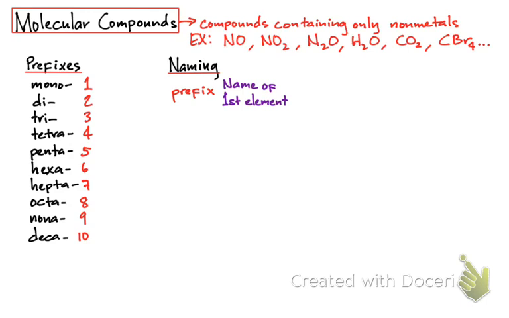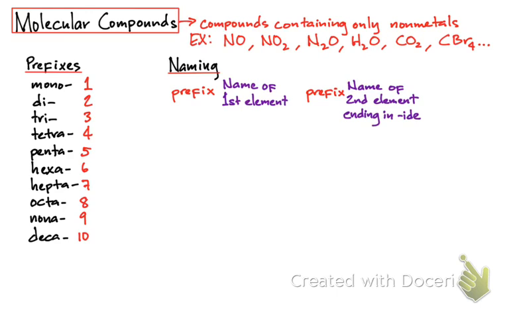All right, so this is basically the formatting of how you would name these molecular compounds. So first you have a prefix, right, indicating the number of atoms, followed by the name of the first element within that chemical formula.